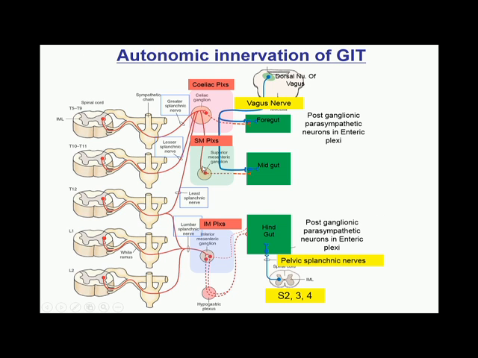You can see, this is why I put this diagram here. You can see the superior mesenteric ganglion is here. However, the nerve fibers reach the superior mesenteric ganglion mostly through the celiac ganglion. They pass through that and then come here. So therefore, celiac axis blockade can alleviate pain in the midgut region as well. And that is the reason why I put this diagram here. Alright, take a small break.